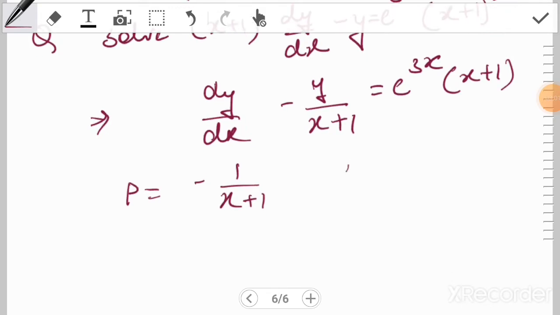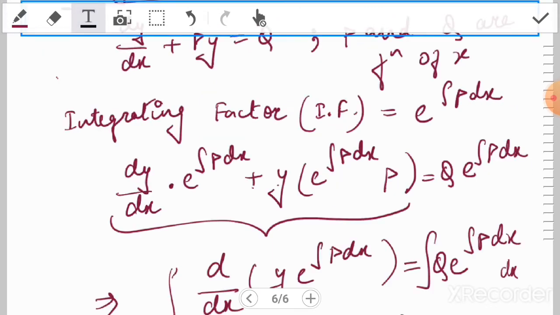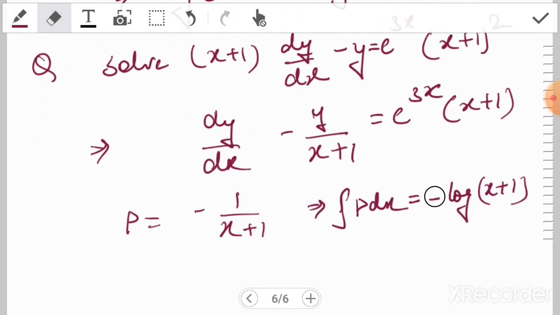Then integral P dx will be minus integral 1 by x plus 1 dx, that is minus of log x plus 1, or you can take this minus inside.